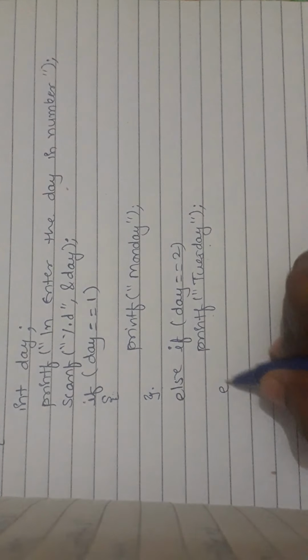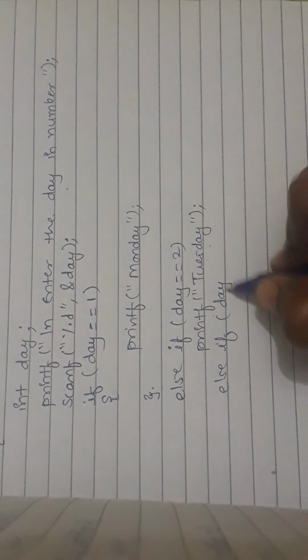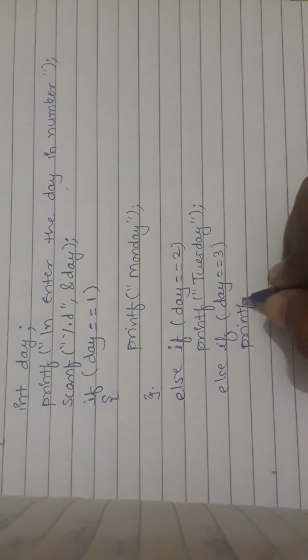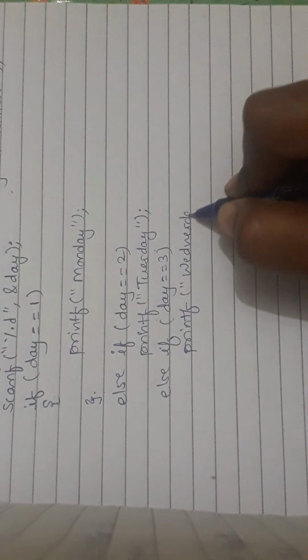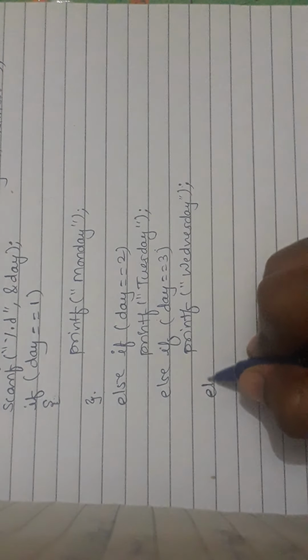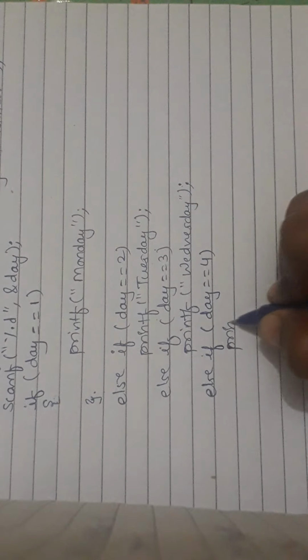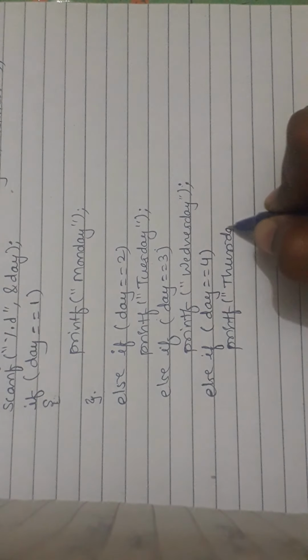Now my third condition is else if, and the value for day is equal to 3, then it will print Wednesday. Else if the value of day is equal to 4, then it will print Thursday.